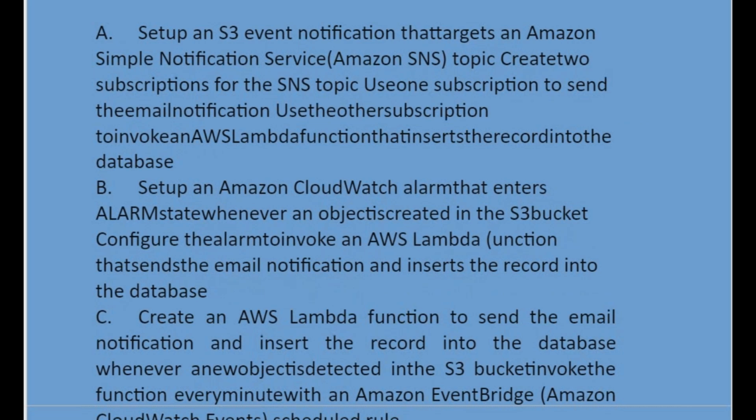Option B. Set up an Amazon CloudWatch alarm that enters alarm state whenever an object is created in the S3 bucket. Configure the alarms to invoke an AWS Lambda function that sends the email notification and inserts the record into the database.